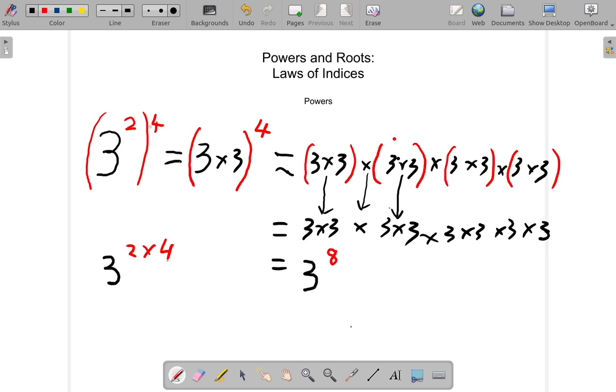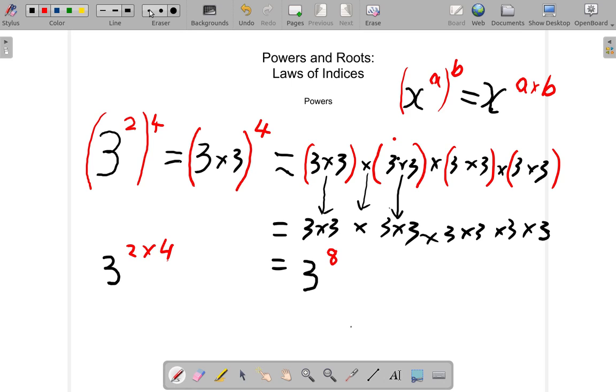indices. Generally, if I say x to the power of a, and all of that is raised to the power of b, then what I end up with is x to the power of a times b.